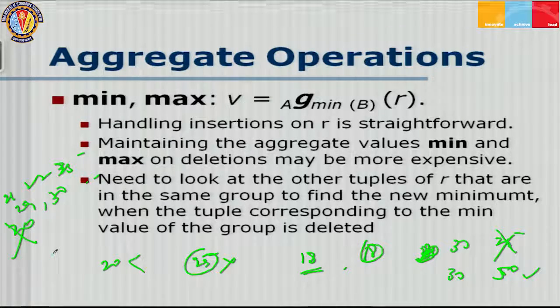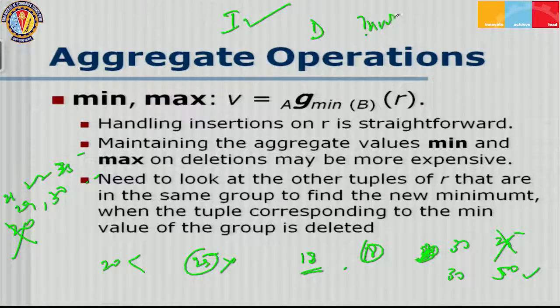Same thing with maximum. If I delete the maximum, I have to find the next maximum from the remaining tuples. So insertions are simple and deletions are slightly more involved. So this is the min max example.